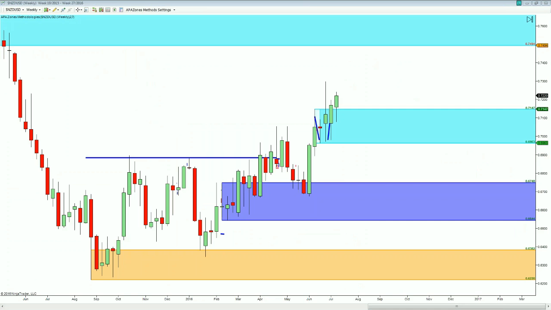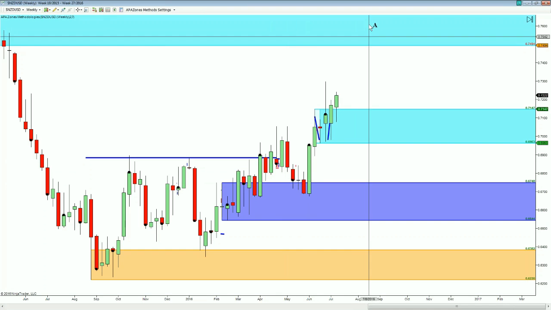Moving right along, I'm going to be looking here at the NZD market, or the Kiwi dollar. As we see this market, we've been watching this for quite some time, and we've gotten a new high on this market.